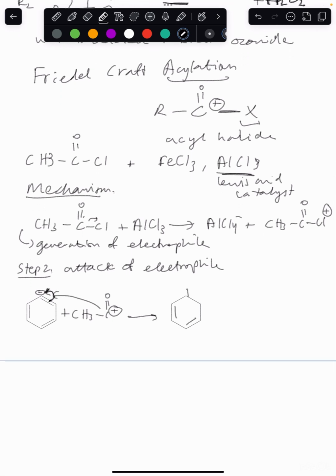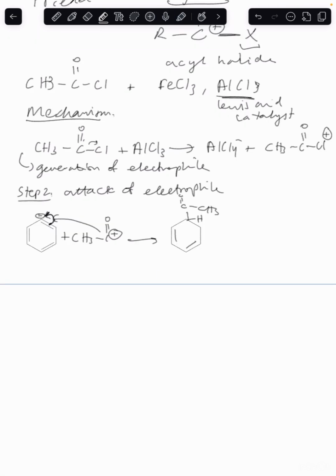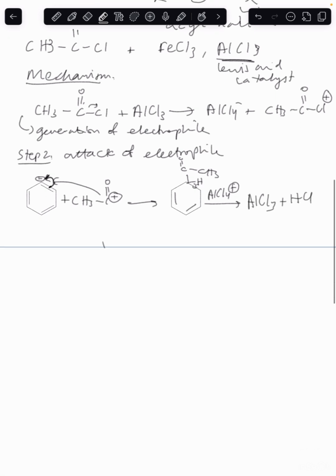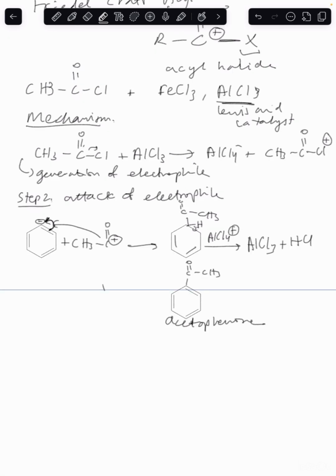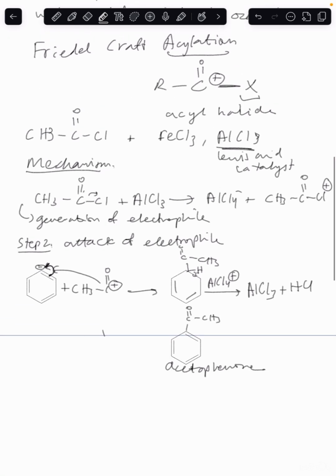This will attach itself over here. The aromaticity is not intact, so what we'll do is we'll remove the hydrogen by placing the catalyst back into the reaction, and it will form AlCl3 and HCl, and then we will have the acetophenone molecule. One thing to also mention is that these catalysts should be anhydrous in nature.